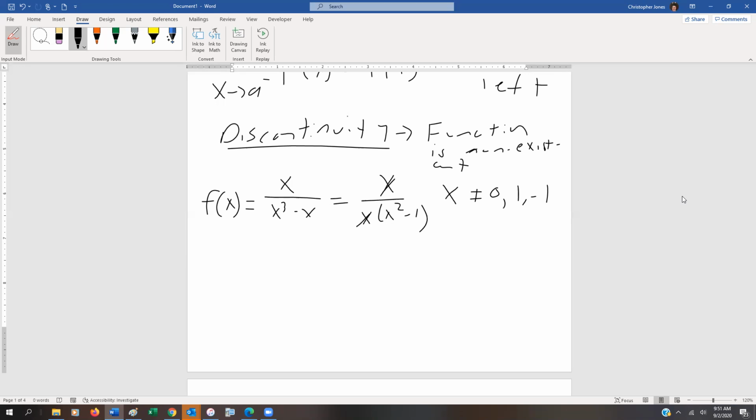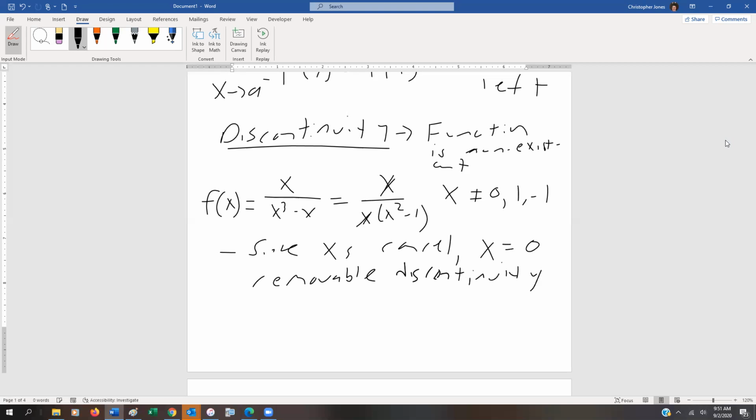All right, and we can certainly look at the graph of this function if we wanted to, but the discontinuity types, if you can cancel out the x's, so since the x's cancel, x equals 0 is something called a removable discontinuity. All right.